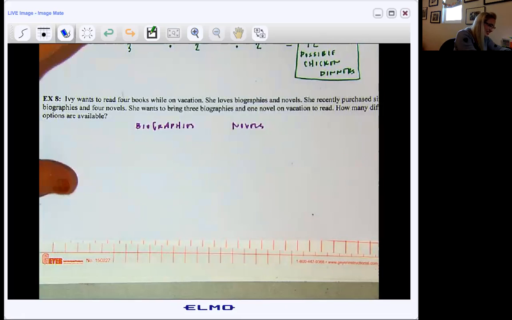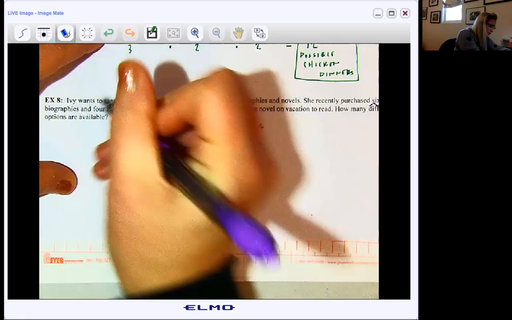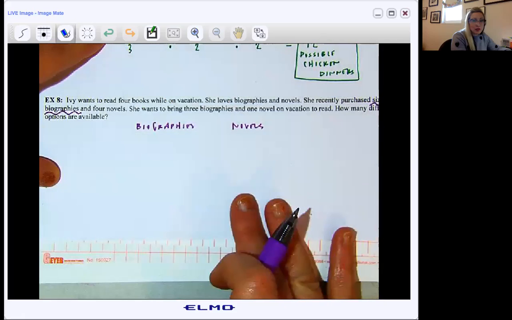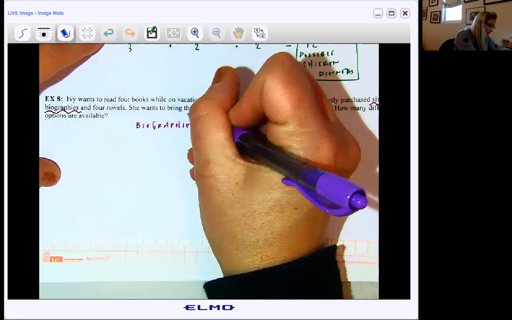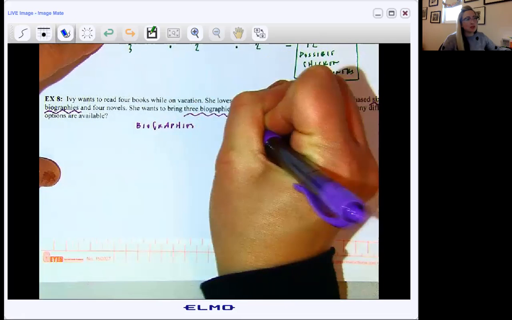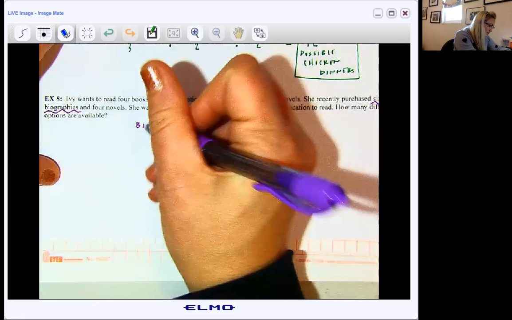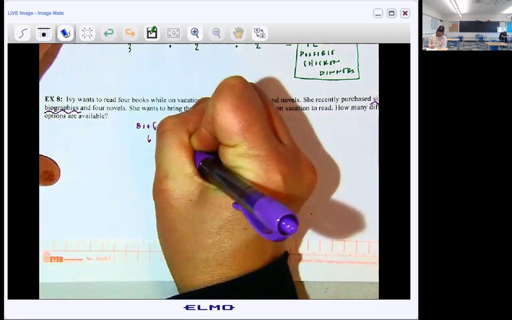She purchased 6 biographies, and we're looking at how many different groupings of 3 she could pick. We know it's a combination because if she's picking books ABC, it's the same group as BCA, for example. So out of the 6 total, she's choosing 3.